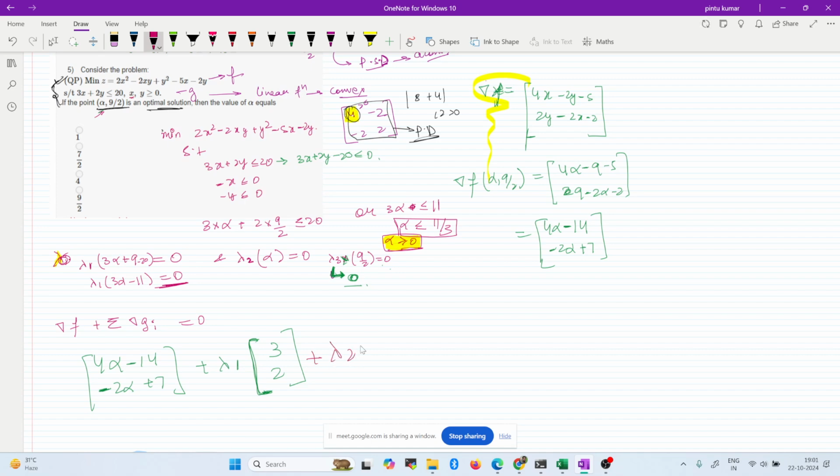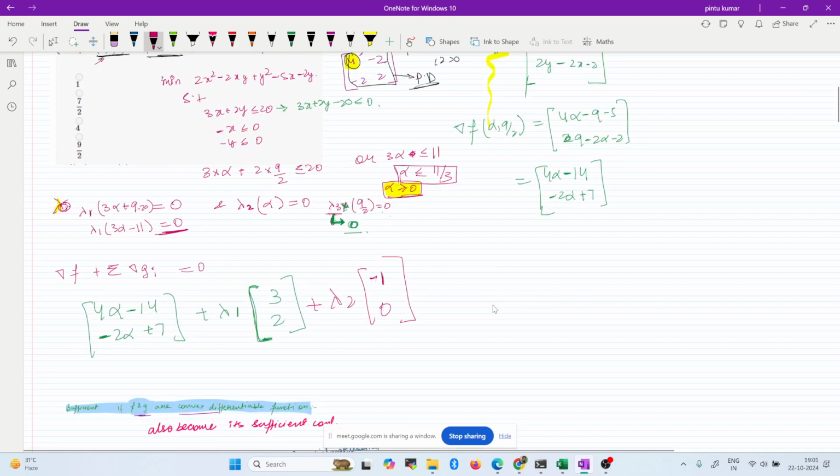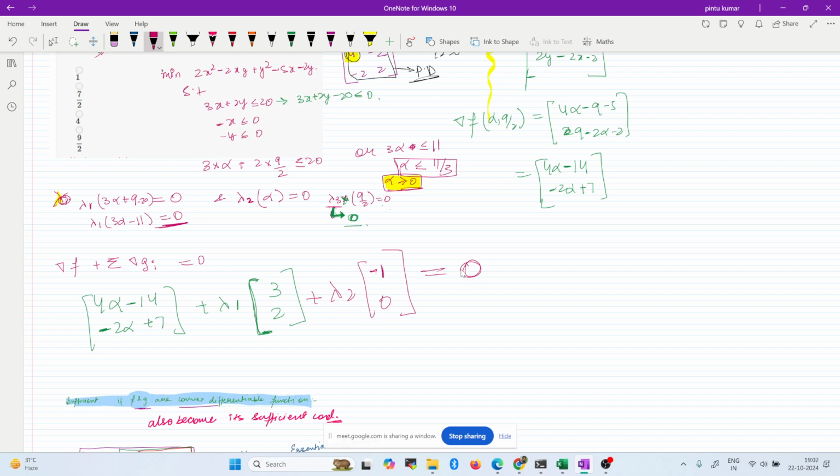Plus lambda 2 times minus 1 and 0. And you already know that your lambda 3 is 0, so you can just ignore that term. And this is equal to 0.